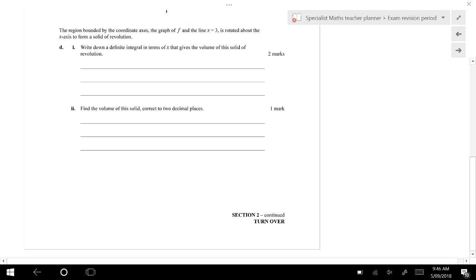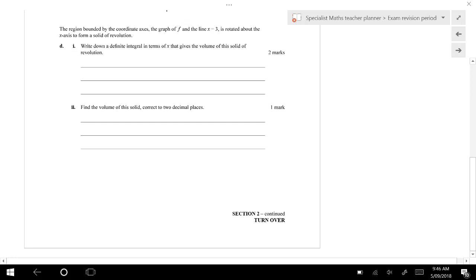Now, the region bounded by... what we're looking for is the volume, which is equal to pi integral of y squared dx, our general form for rotating around the x-axis. Our value for y is y equals 9 over (x plus 2)(x minus 4).